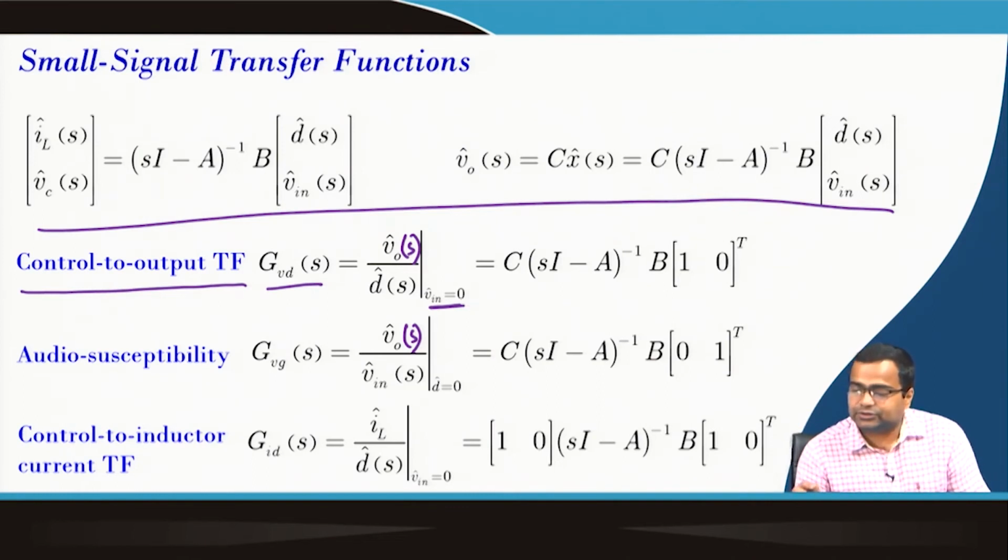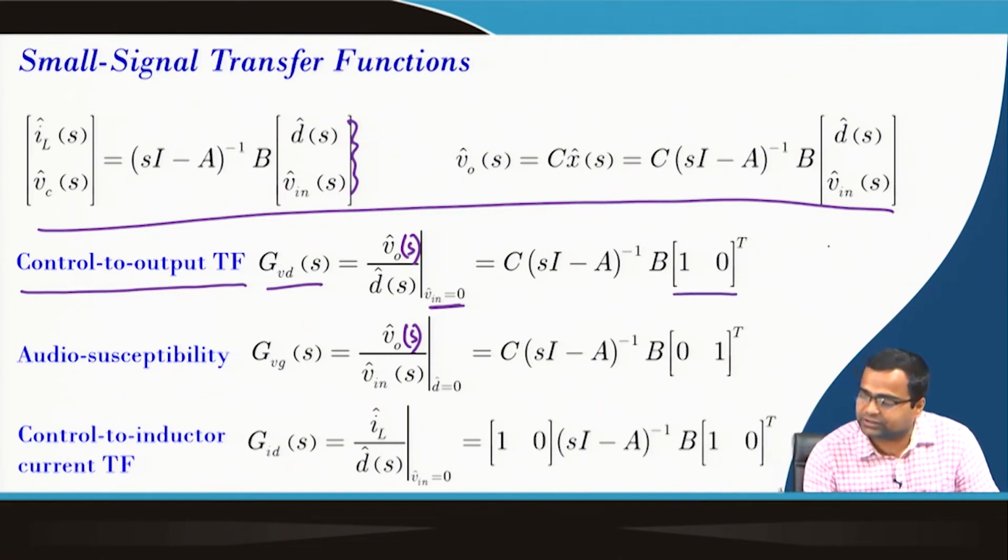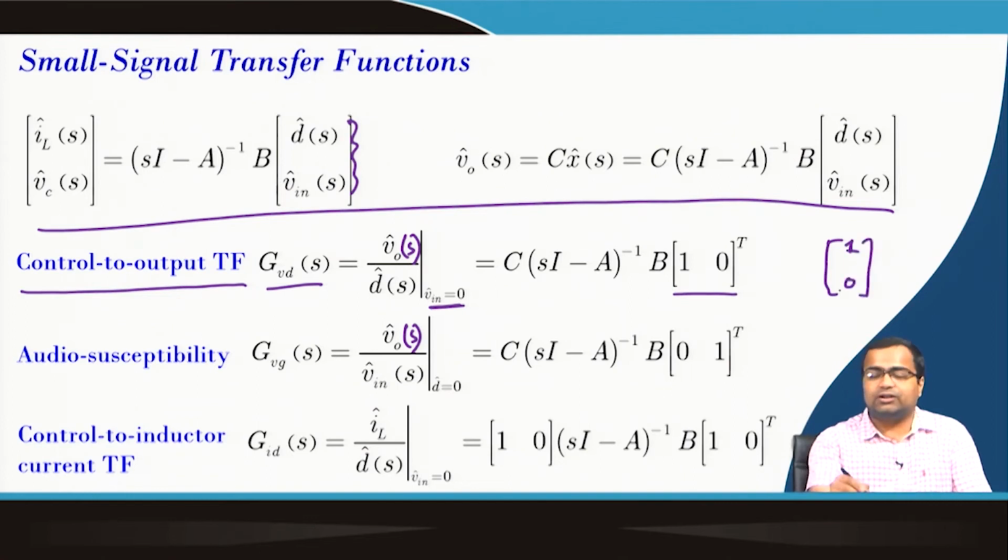Then you see this matrix here, there are two terms, one is d̂ and v̂in, but we want only d̂. So, we need to multiply a column vector which is [1 0], because we want to extract only this term.